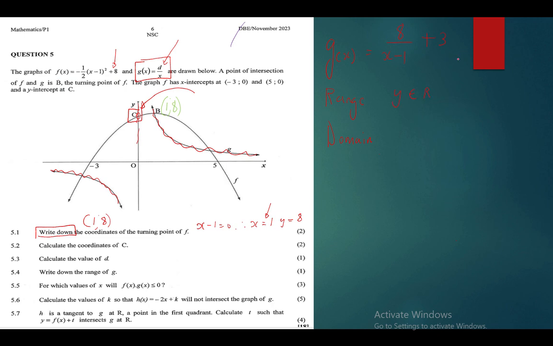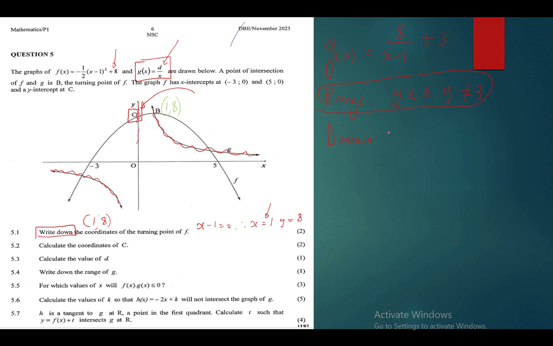Y can be all real numbers. But you know that y should not be the asymptote of y. The asymptote of y of this function g is 3. So you say y should not be 3. Sorry, that is the range of this function. Y can be all real numbers, but y should not be 3.